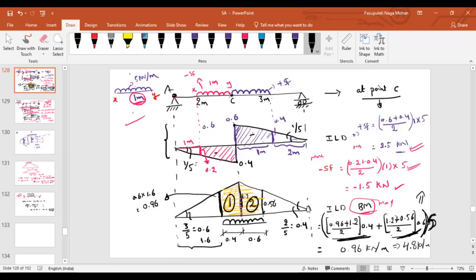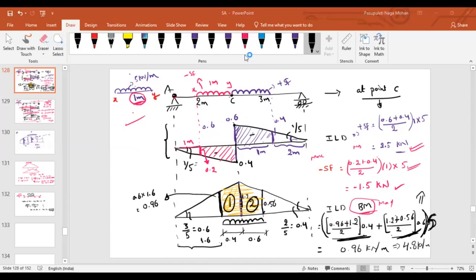I think he has not multiplied with the magnitude of the load. Have you multiplied with 5, Vishnu? UDL intensity, have you multiplied with 5? Just like I was saying, if you multiply by 5, then you will get the same answer. Without multiplication, the magnitude is coming 0.96. Don't commit those types of mistakes, please.